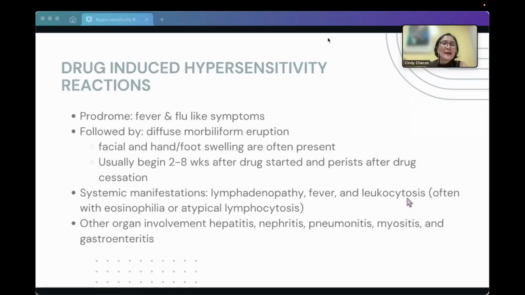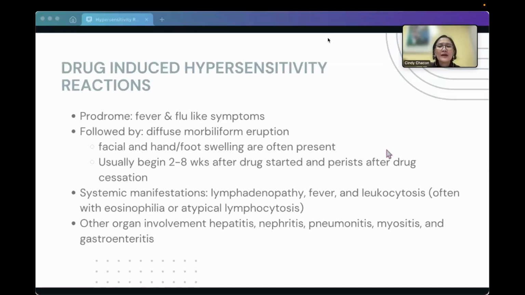Now, drug-induced hypersensitivity reactions, or your DIHS. This is a systemic drug reaction that was previously known as DRESS, or your drug reaction with eosinophilia and systemic symptoms. However, since eosinophilia is not always present in these cases, the term DIHS was coined and is now the preferred term. Clinically, DIHS presents with a prodrome of fever and flu-like symptoms.